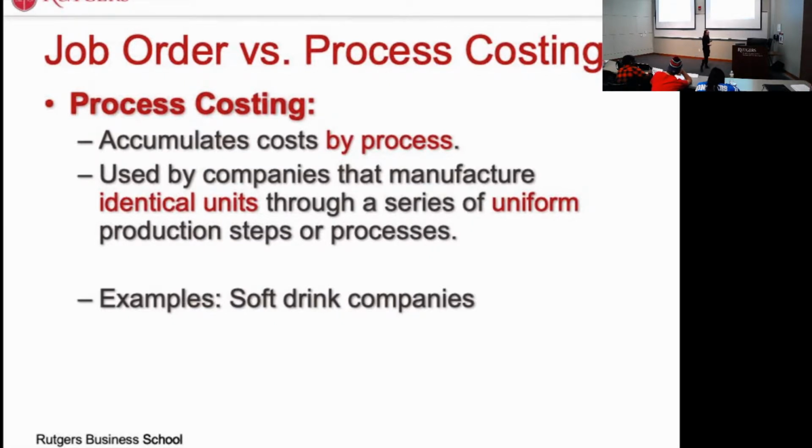And what kind of firms use the process costing? So basically, the types of firms are manufacturing uniform products. For example, the bottled water.